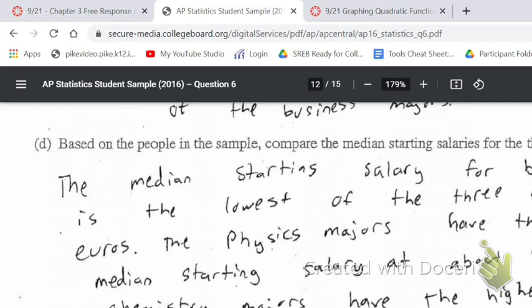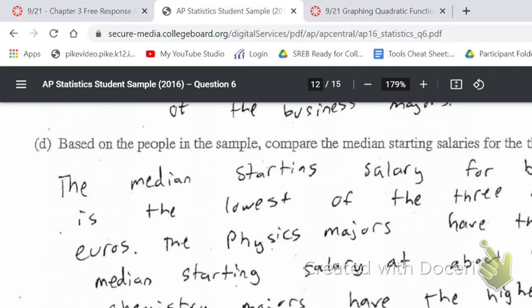Let's look. I've got lowest here. We've got next highest and highest. Are they making comparisons between the three majors? Yeah. They have that comparative language. They didn't just state what the median salaries were. They had comparison language in there, even if it's just low, middle, high.